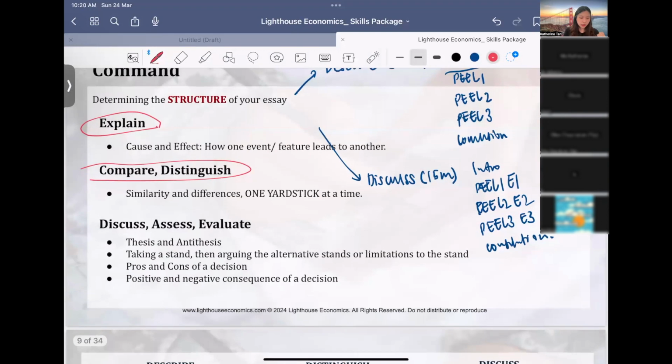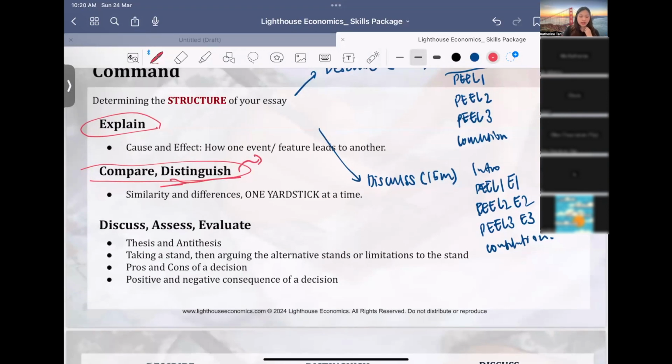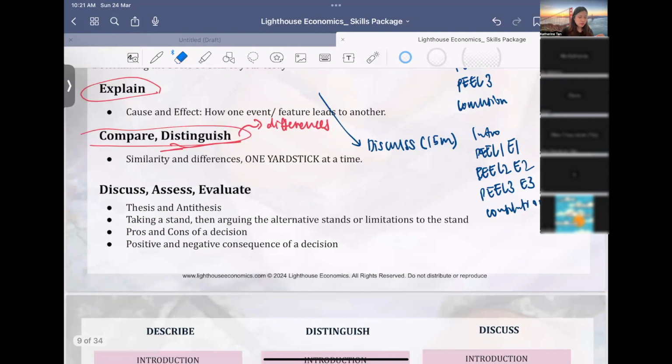But distinguish tends to imply that there are more differences. For compare, you have the freedom to write one similarity, two differences, or two similarities, one difference. But for distinguish, you need to write one similarity and two differences, because there's a stronger emphasis on differences.